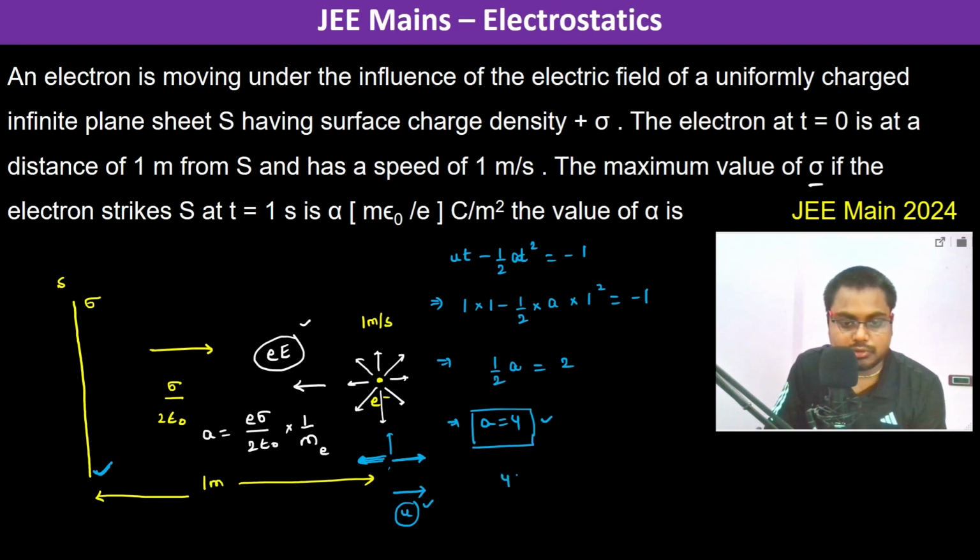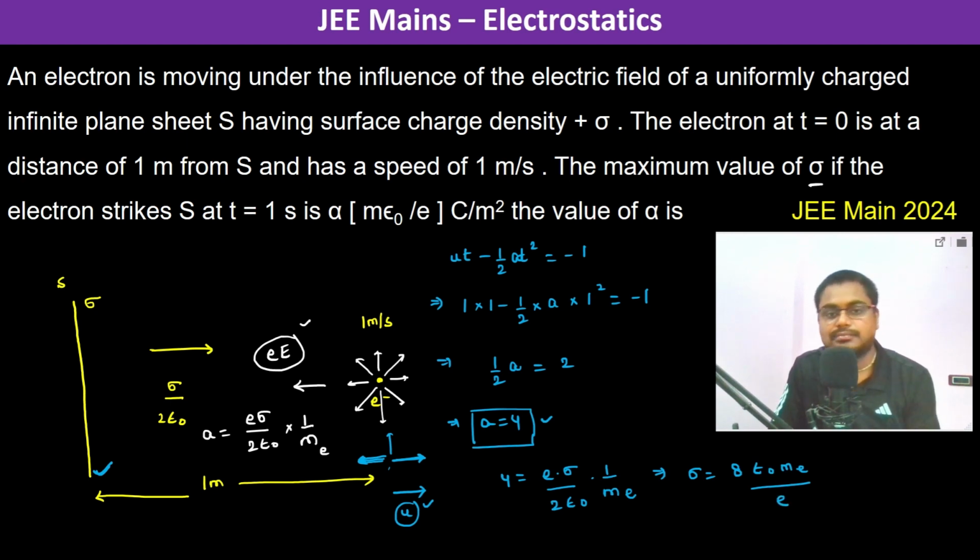Now this 4 should be equal to E into sigma divided by 2 epsilon naught into 1 by me. So sigma is going to be 8 epsilon naught mass of electron divided by E. So the value of alpha is going to be 8.